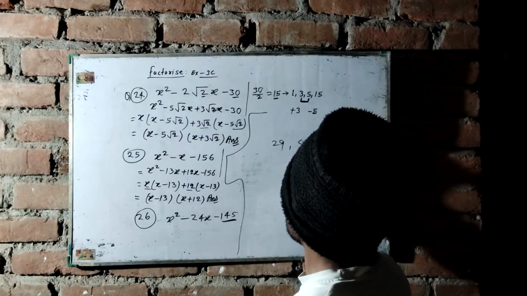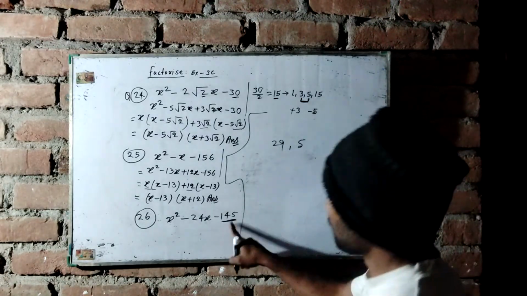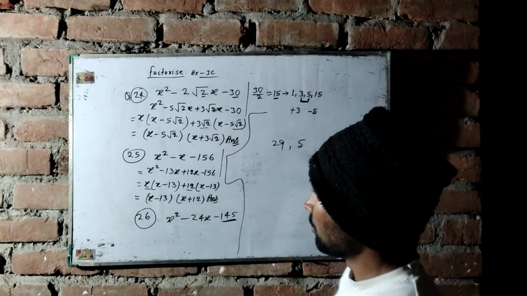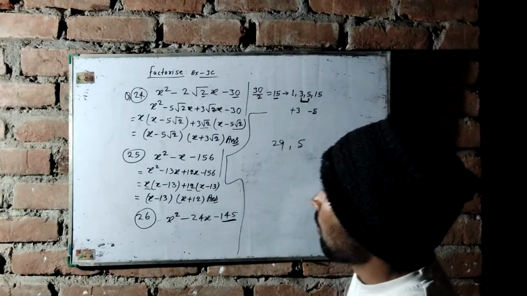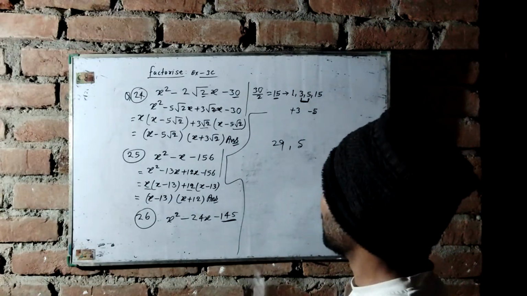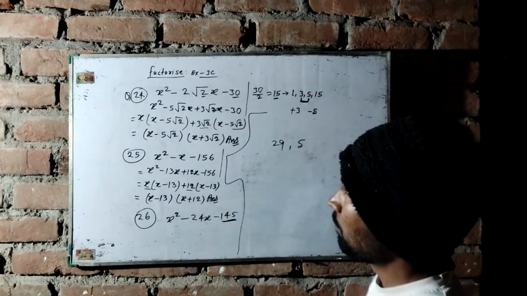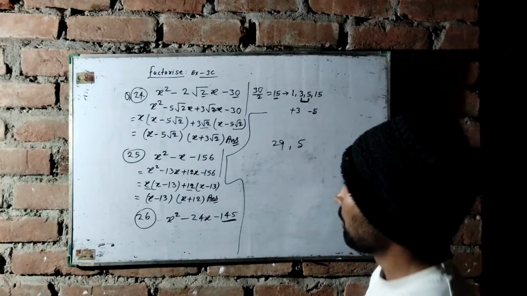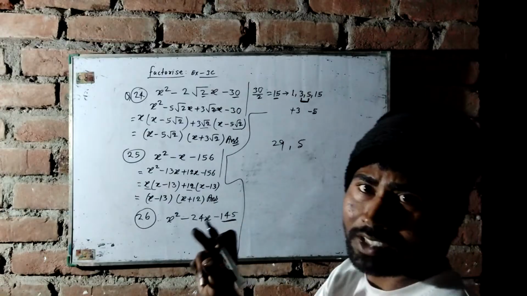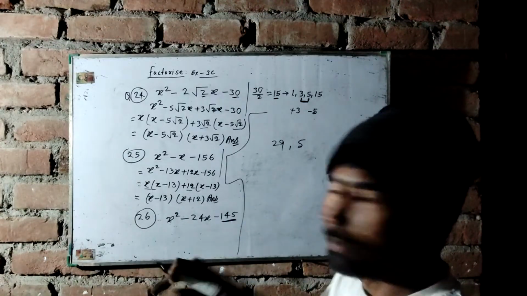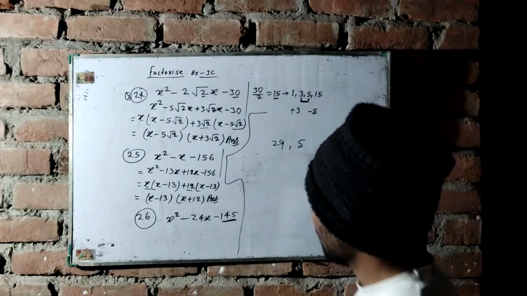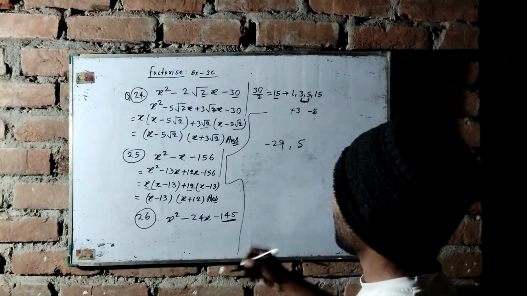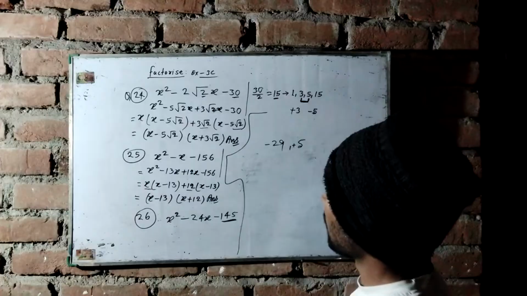Two numbers, 29 and 5, give a product of 145, but we need minus 24, so we take the negative sign with the greater number and the positive sign with the smaller number, because the product of one positive and one negative number is always negative.